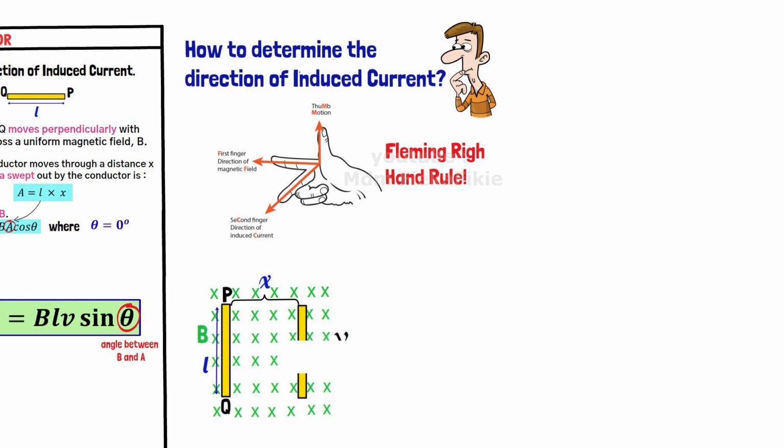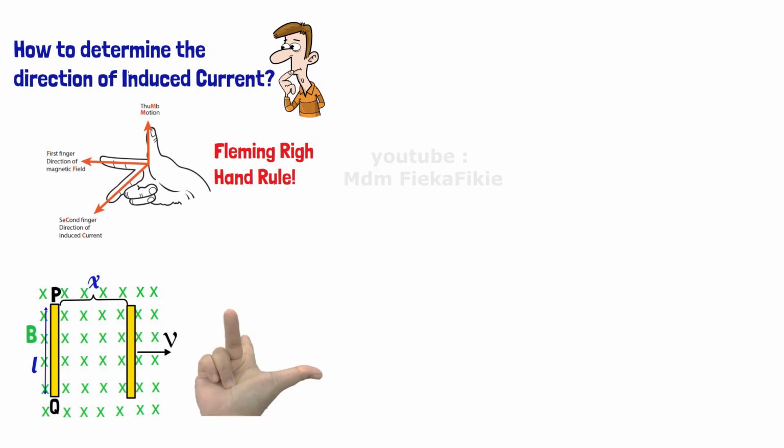So, since the conductor is moving to the right, means that your thumb should be pointing to the right. So, V to the right, and your index finger ataupun first finger should be pointing into the page. Okay, sebab itu mewakili magnetic field B. Okay, and then your middle finger ataupun second finger automatically dia akan pointing upward.